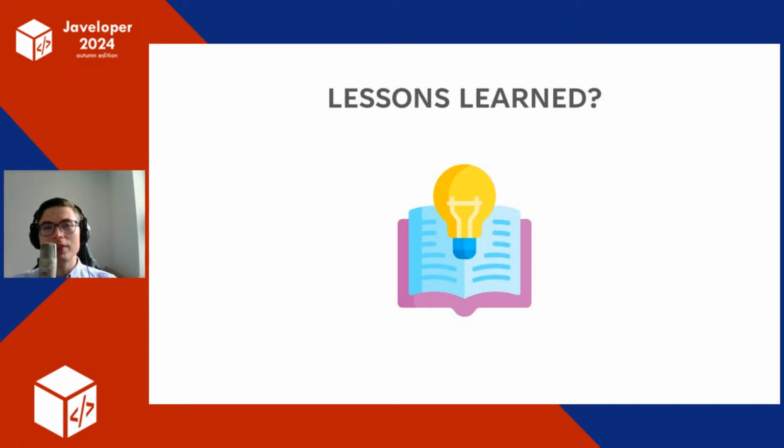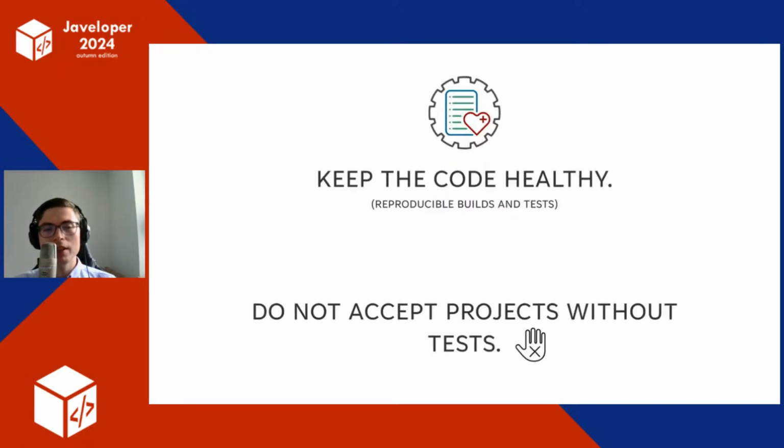All right, so having explored those advantages and disadvantages, I wanted to share some lessons that we learned by doing this monorepo development. And the first lesson is to keep your code healthy. So always try to have the builds deterministic and always passing.